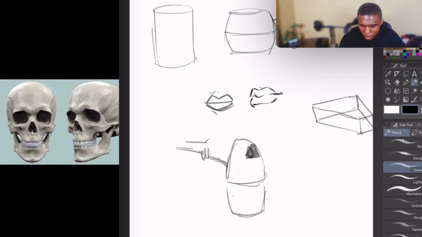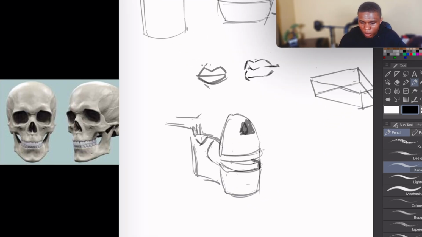And then our mandible is going to be this guy over here. So we have our teeth. We could have our teeth like this.